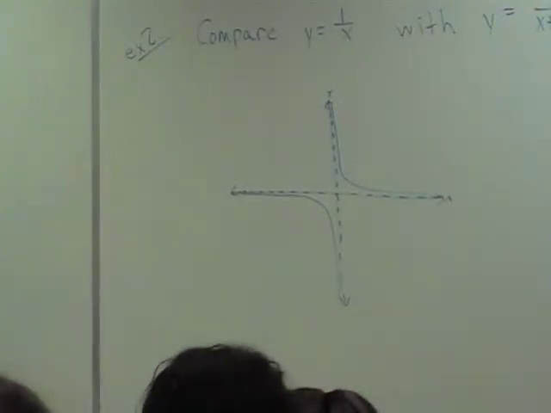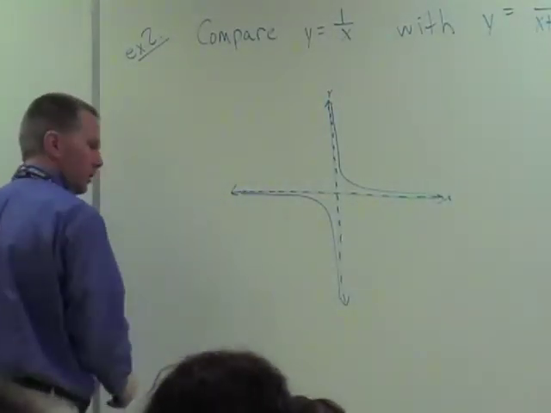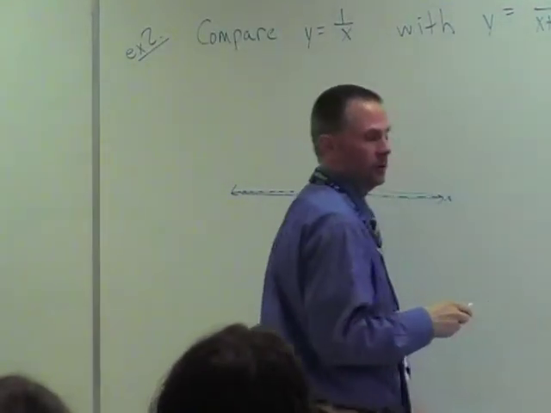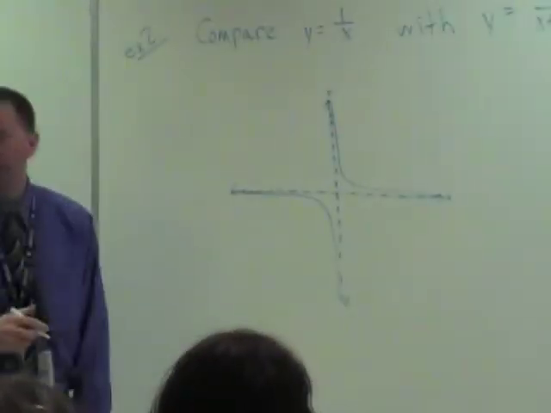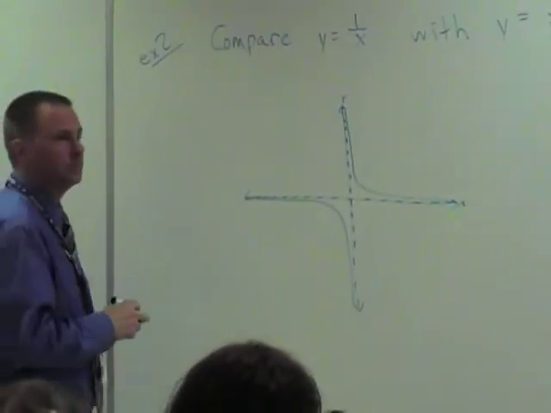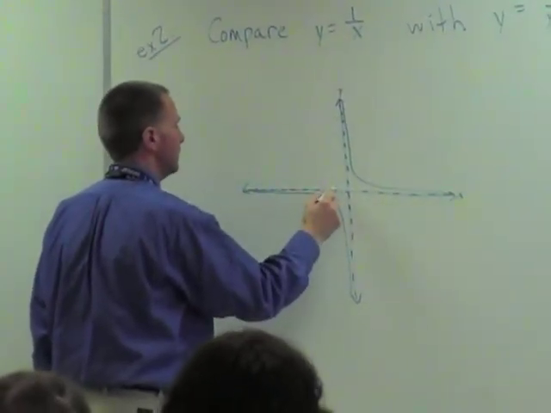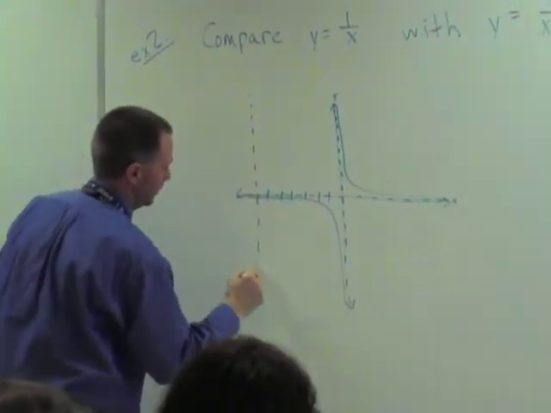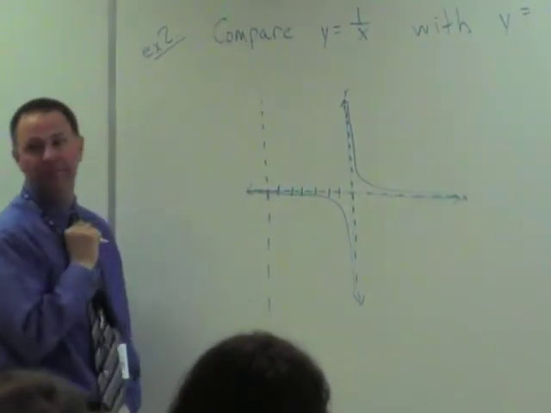You should know last night's homework. Okay. The new one then. Where are the new asymptotes? x equals -7, and y equals -2.